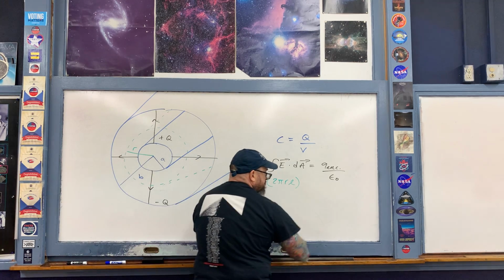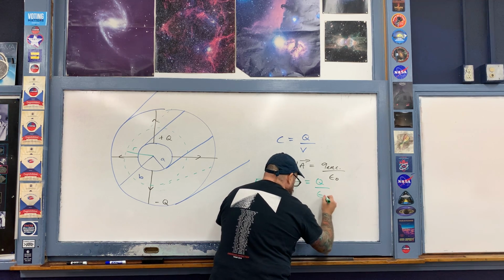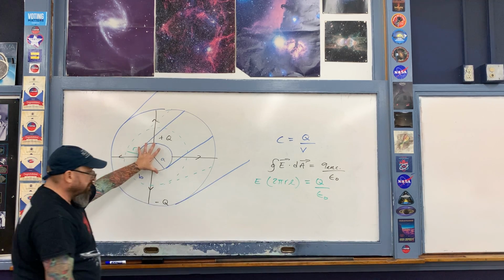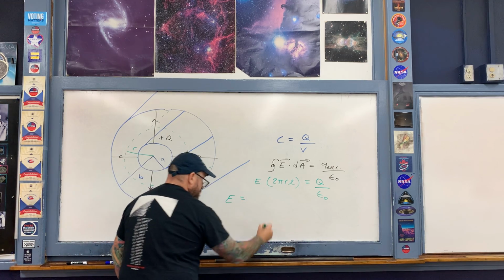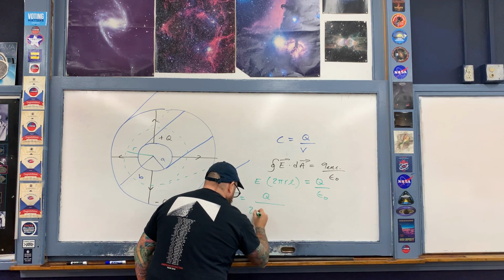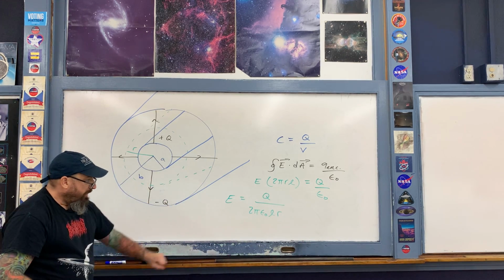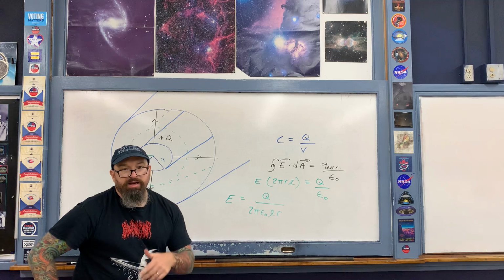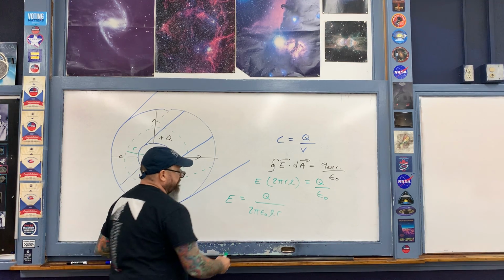On the right-hand side, I'll write the Q enclosed as the capital Q associated with the inner plate. So the electric field, its magnitude, is equal to this quantity here. It's this electric field that we then have to integrate as we go from point A to point B on the diagram.